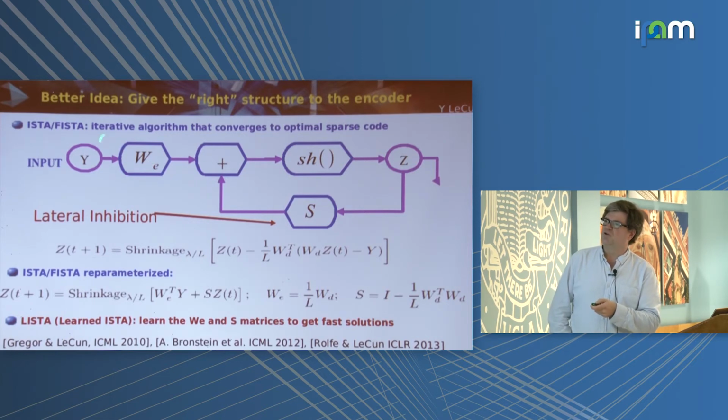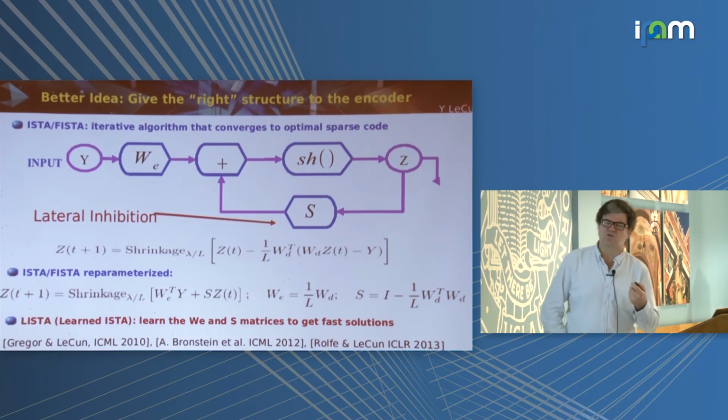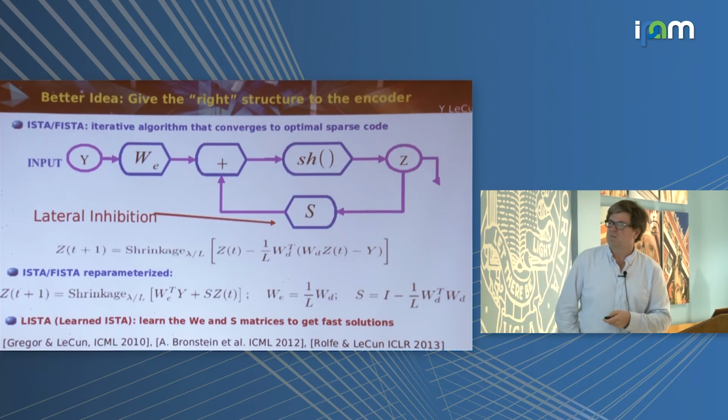For particular definitions of W and S, this is the ISTA algorithm: take the input, multiply it by a matrix, shrink the result using a pointwise shrinkage function, then multiply the result by a matrix, add to the previous result you had, shrink and multiply, and iterate this until it stabilizes. And that's the ISTA algorithm.